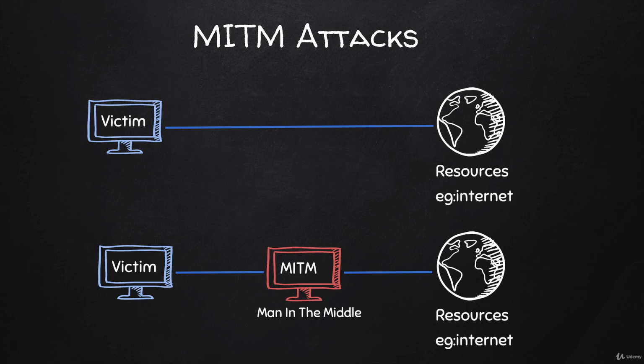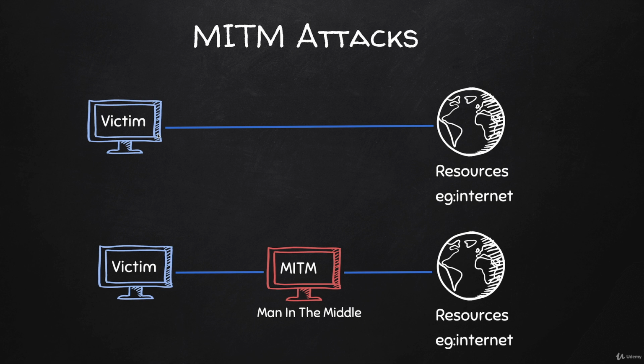Now, in this lecture and the next few lectures, I want to start talking about man-in-the-middle attacks. These are attacks that we can launch only if we are able to intercept the communication between two devices, hence the name man-in-the-middle attacks.